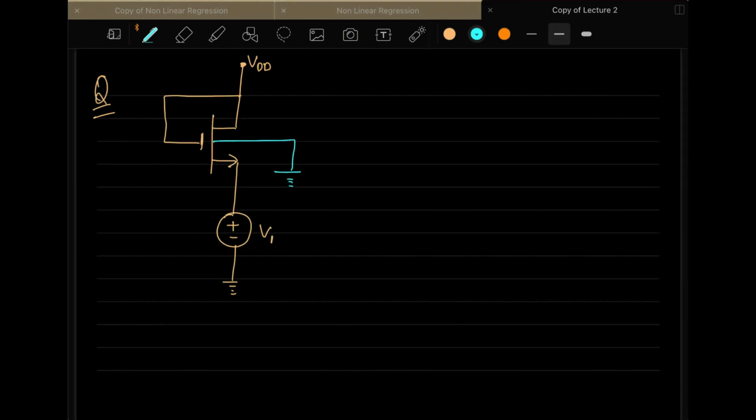We will see this, but if you find something like this, which you will find quite often when we discuss advanced chapters in this course, this particular configuration is called a diode connected transistor. We will understand this later on, but right now we are not going into the details of it. But keep this in mind: when you connect gate to drain, it's a diode connected transistor.